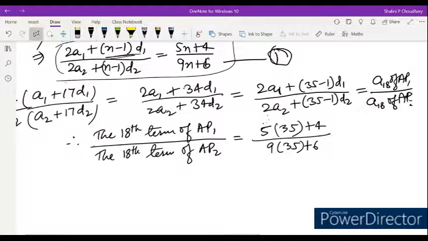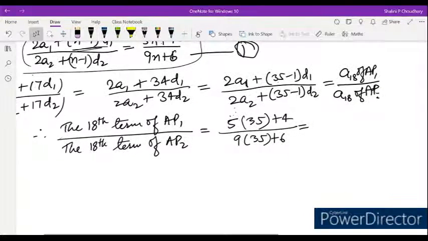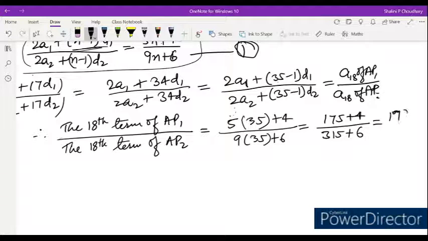It means we'll find out the value. So 5 into 35 will be 175 plus 4, divided by 9 into 35 will be 315 plus 6. So we'll get 179 upon 321.